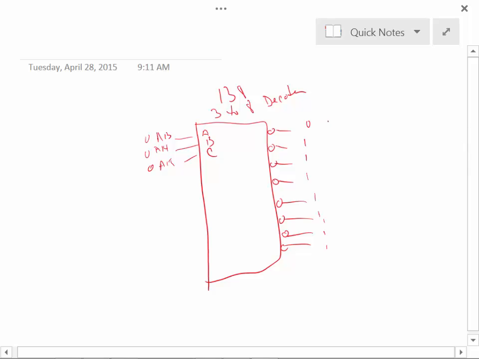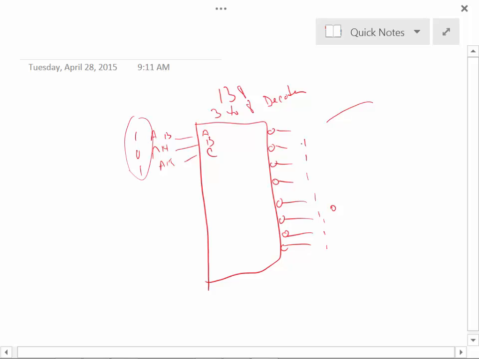If this is 1, 0, 1, in other words, the number 5, that means that 0, 1, 2, 3, 4, 5, this one's going to be a 0, and the rest are going to be high. So in other words, it's going to look at this number and take one of these low. That is the way this chip works.